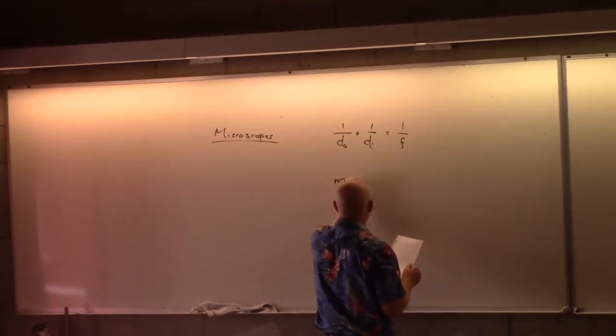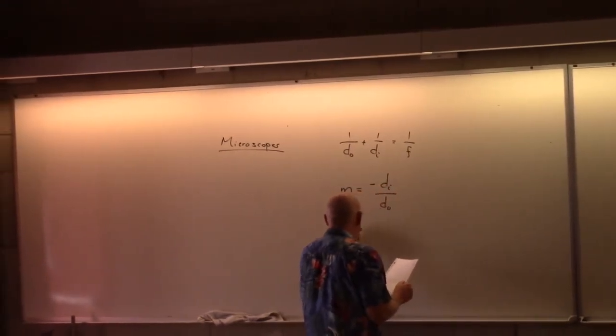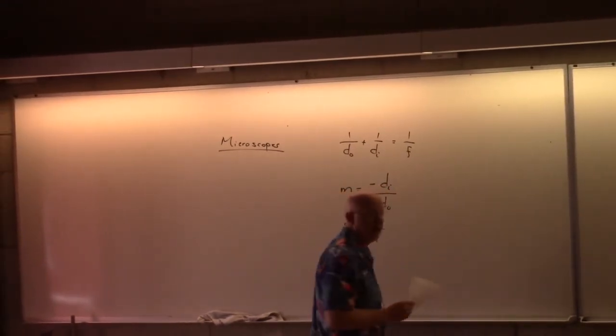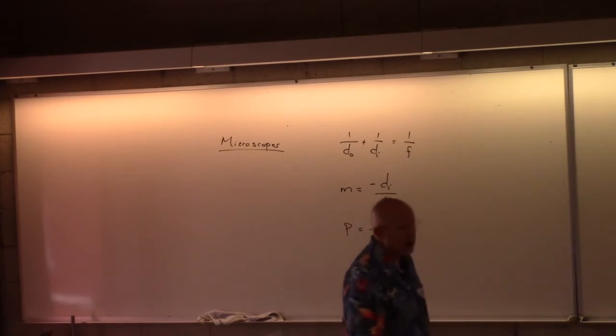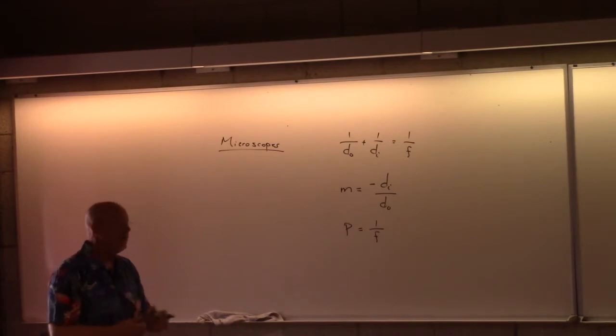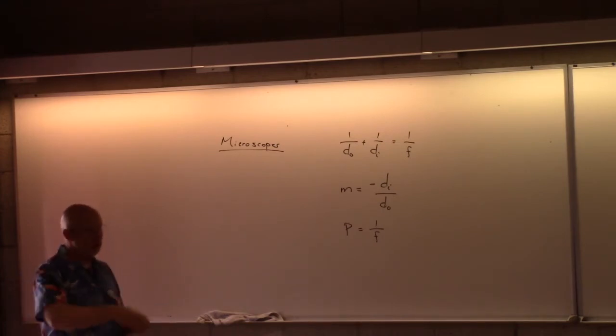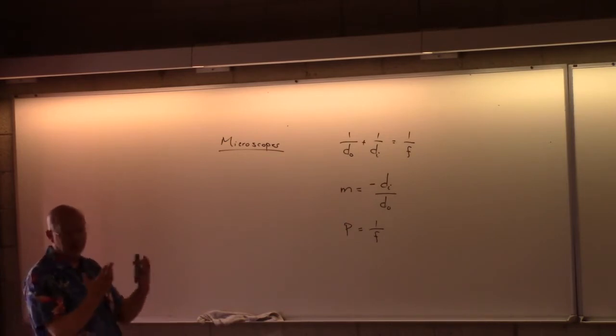The magnification is minus the image distance over the object distance, and the power is 1 over f. Those are the 3 equations you saw me using when we talked about the eye, when we talked about how to correct for vision problems with the eye, and it's also what I'm going to use for a microscope, and if we had time, I would use for a telescope.